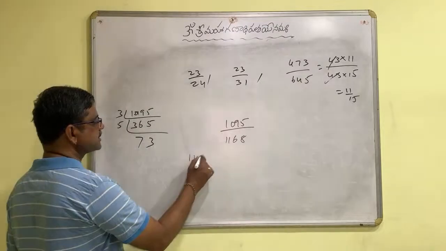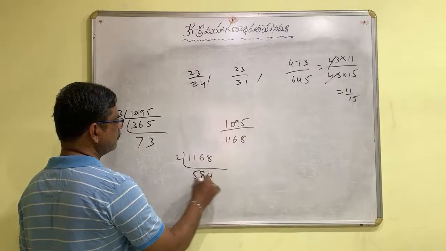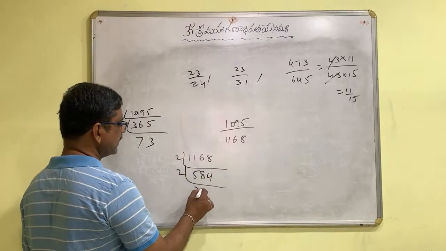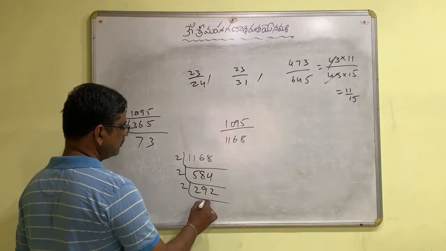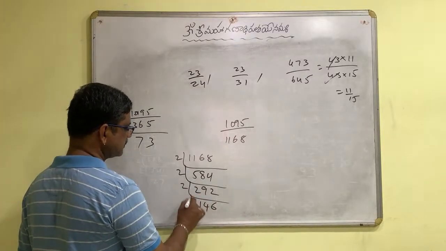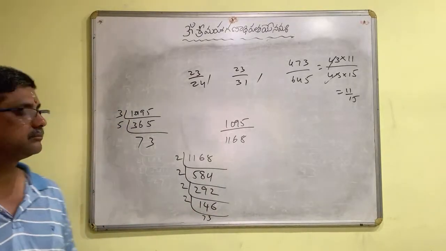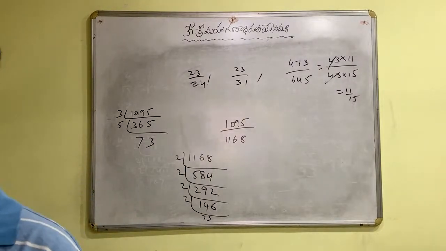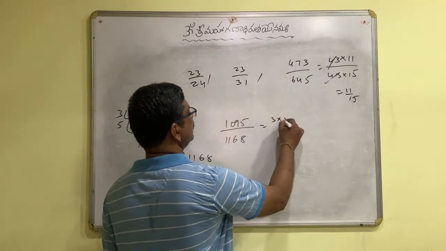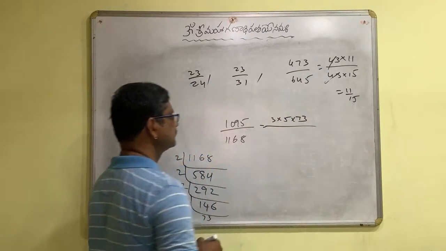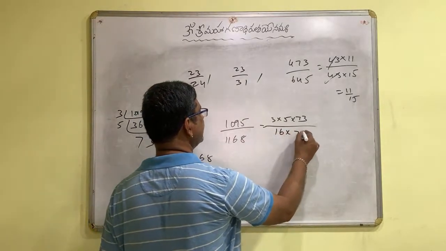Now 1168. 2 5s are 10, 2 8s are 16, 2 2s are 4, 2 9s are 18, 2 4s are 8, 2 6s are 12, 73. 16 into 73. So 3 into 5 into 73 by 2 power 4, that is 16 into 73.